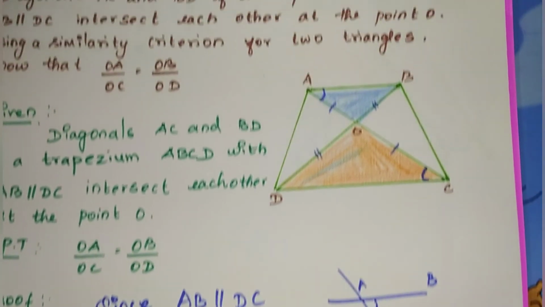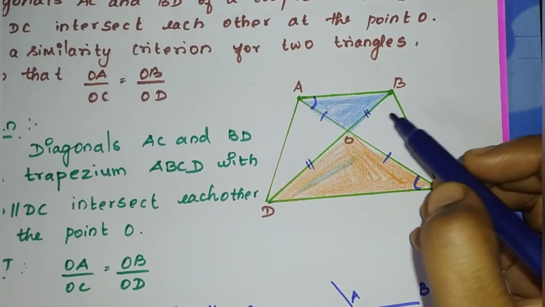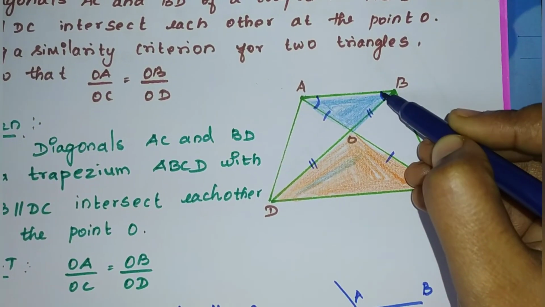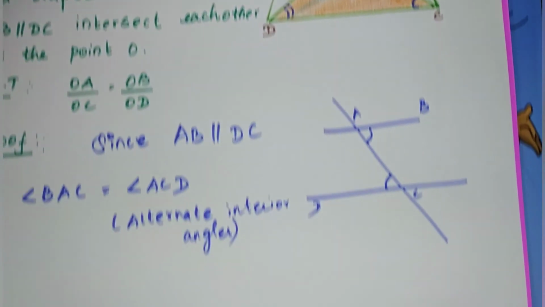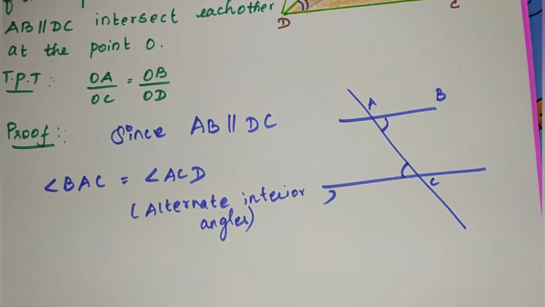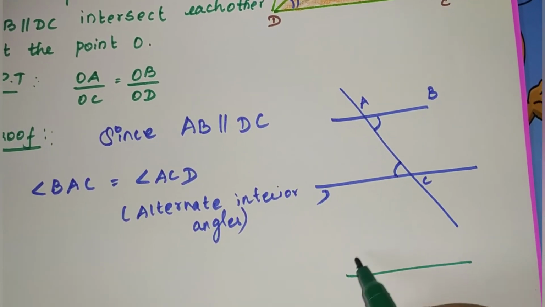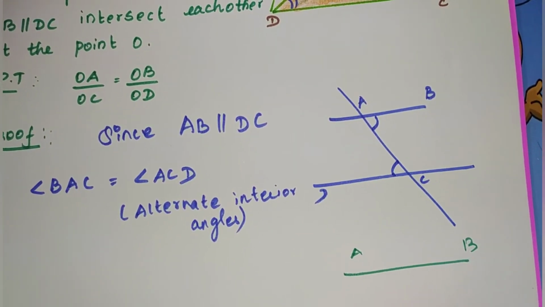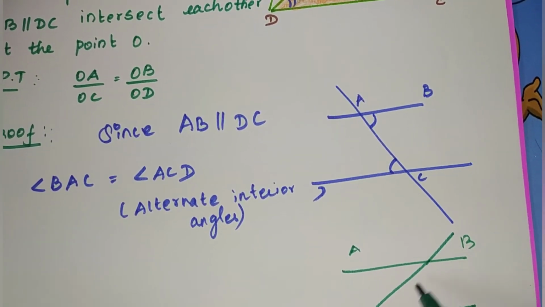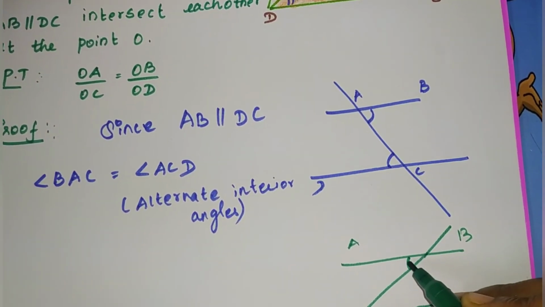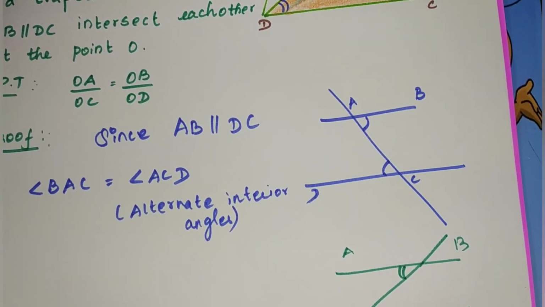Next one, since AB is parallel to DC, we can tell another thing also. Angle B here, this angle and this angle are also equal. How is it? A, B, D, C. This is a transversal.